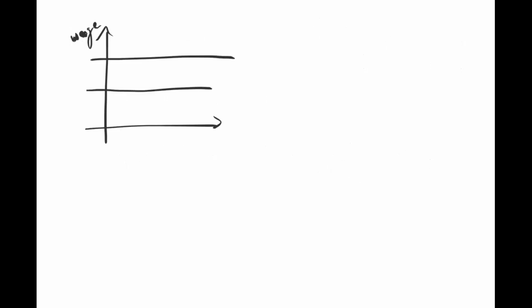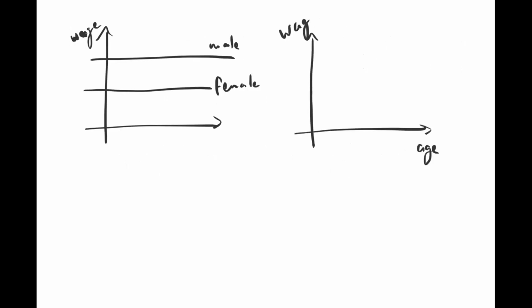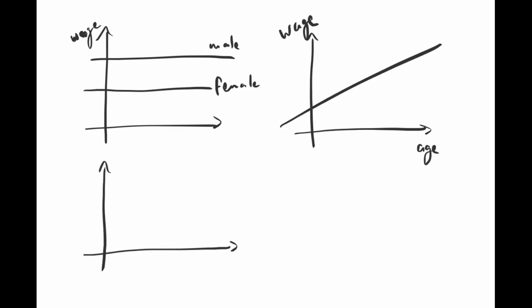So just as an example, we've talked about for our wage, you have male, female, and then we've looked at something like age and wage, where you may have some relationship that looks like this. And then you may have also wage and age and a differentiation between male and female here.